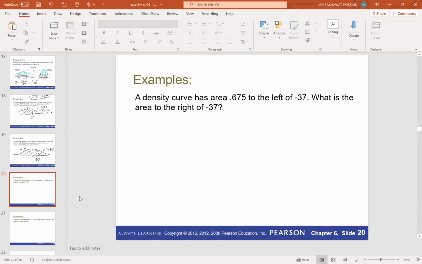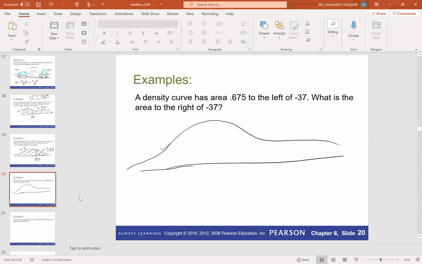Okay, we have one more example. A density curve has area 0.675 to the left of negative 37. What is the area to the right of negative 37? Let's consider a density curve. They gave that this is a density curve, so the total area is 1.